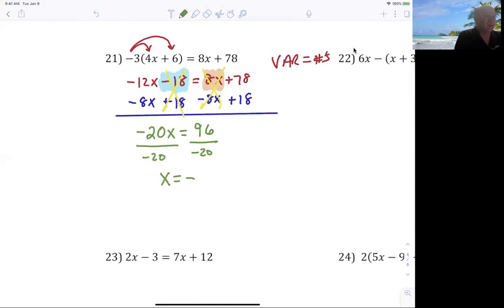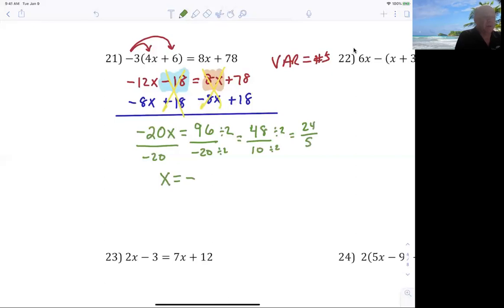Now we're going to reduce this fraction. You don't need your calculator. We know that they're both even, so I'm going to divide by 2 to start out with. That becomes 48 over 10. Now I can divide by 2 again. So that's 24 over 5.